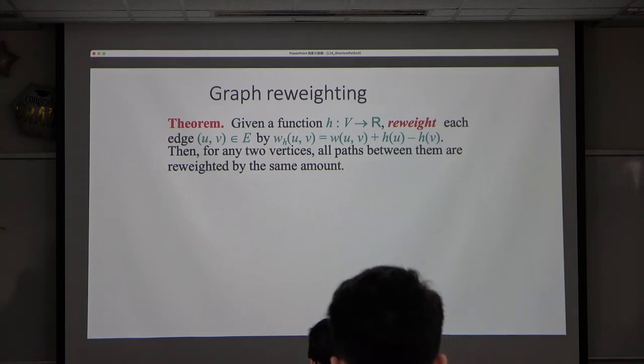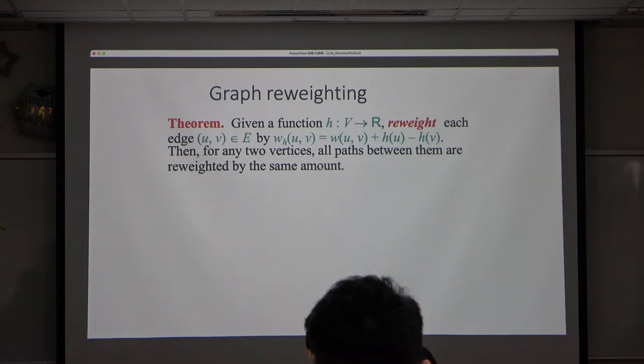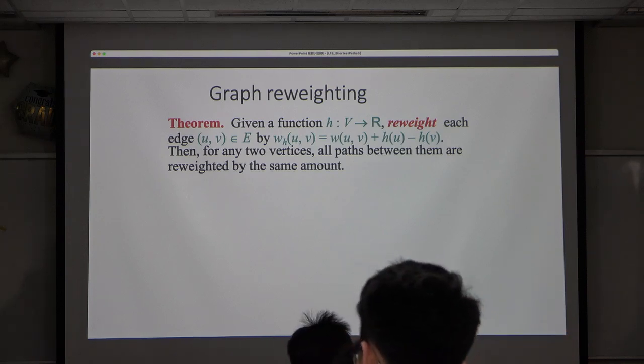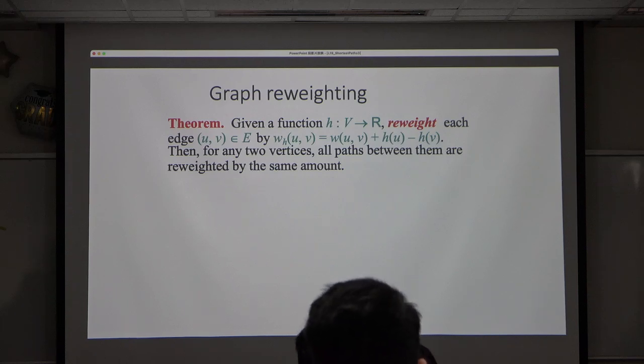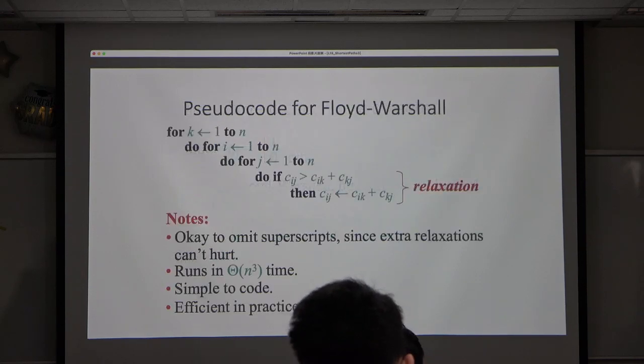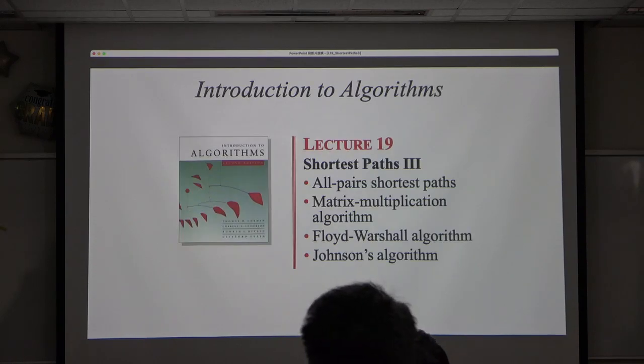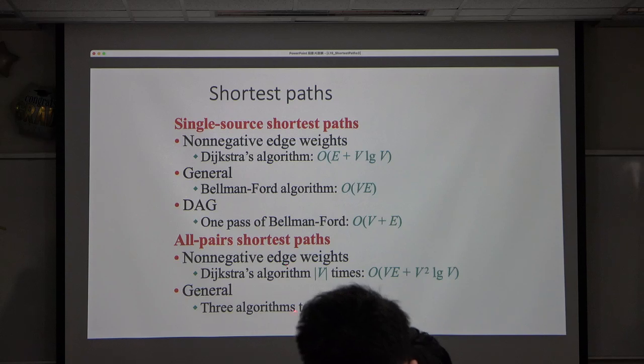Let me remind you, the best algorithm to find the all-pair shortest path so far is n cubed, where n represents the number of vertices. Look here.